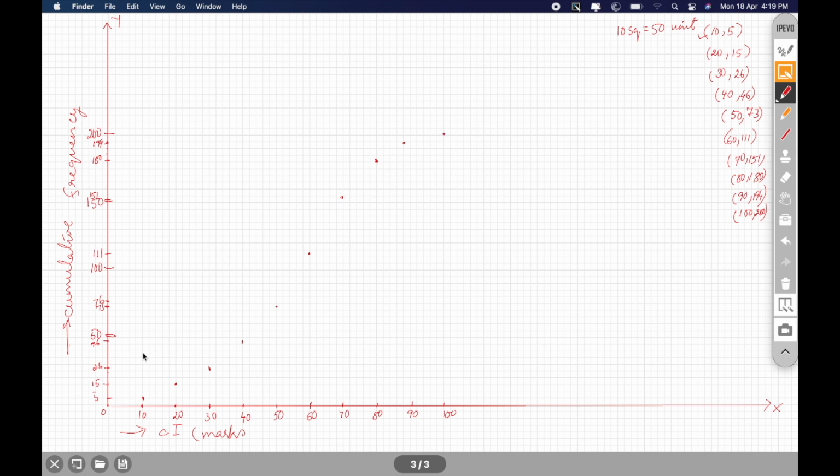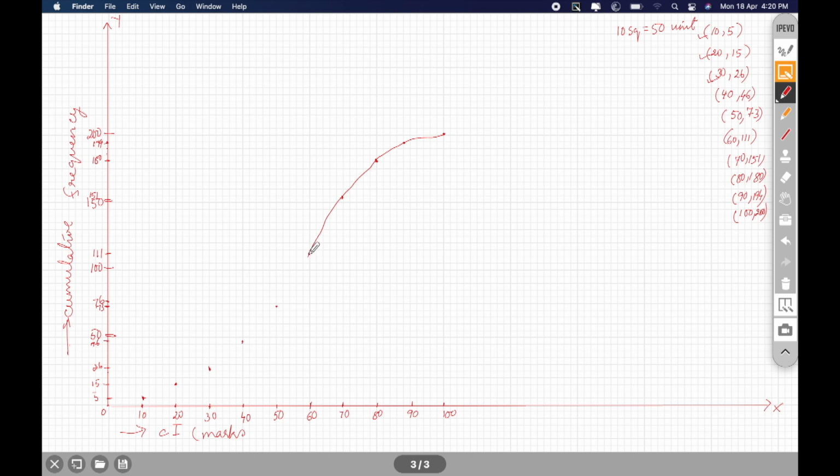So I have plotted each of the points that we have here, and now it has to be a freehand curve. So let us join them very carefully. I know on my screen it is quite difficult to draw a freehand curve, still I am trying.